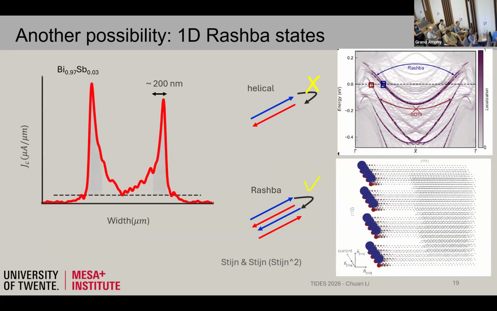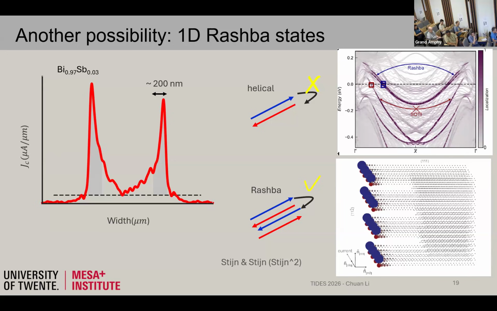Previously, we studied another system, also bismuth based, and we did some tight-binding calculations. We found out that besides these beautiful, interesting hinge states, they can always host some robust 1D Rashba states. This is something very well known especially in STM measurements.